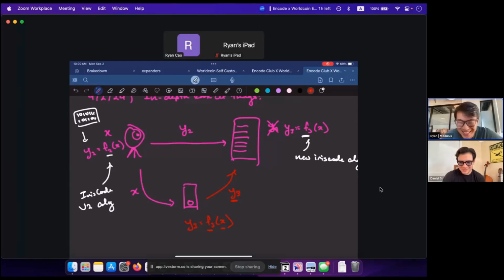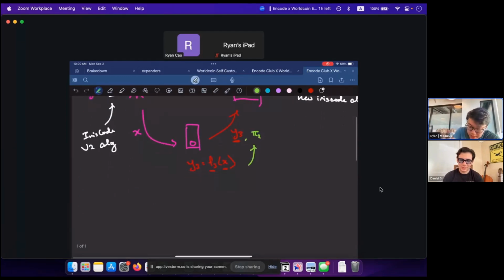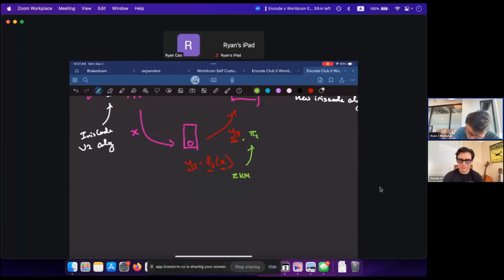That's good. Okay, cool. As Daniel was saying, and this is just a review from the slides, the first thing we're going to do is force the user to provide a proof. We're going to force the user to give a pi2, which is what I'm going to call the ZKML proof.